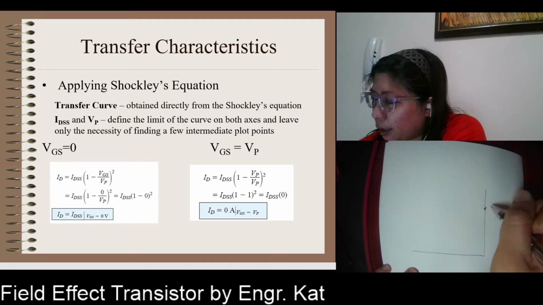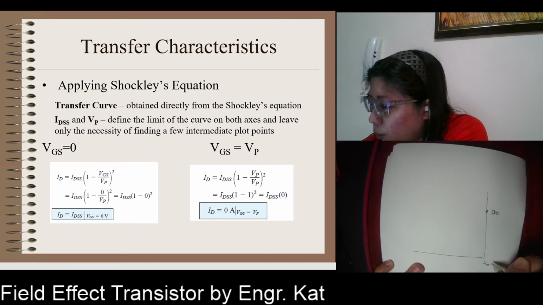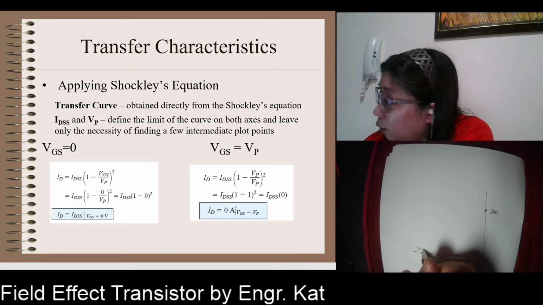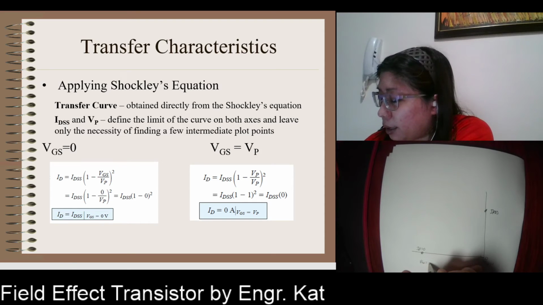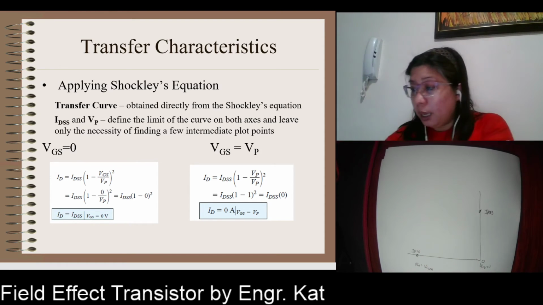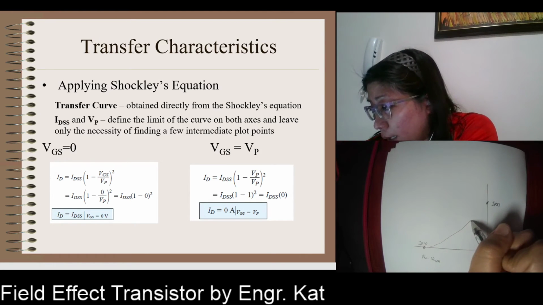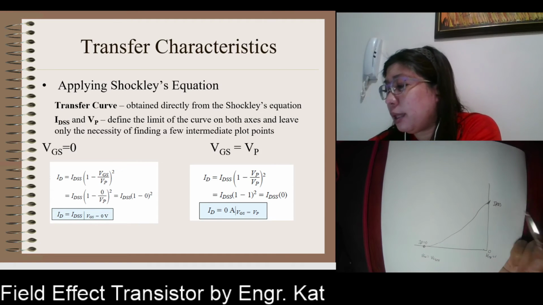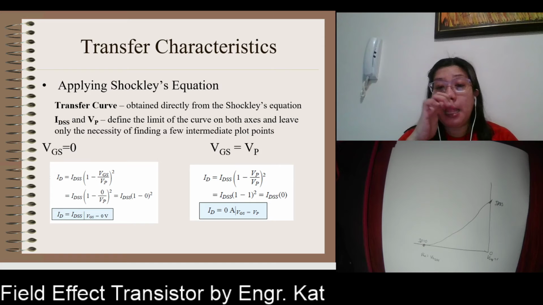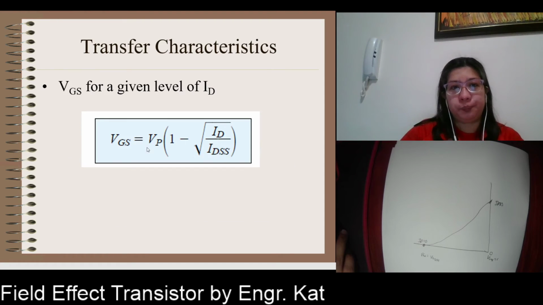The first point is your IDSS when your VGS is equal to 0, and your second point is ID equal to 0 when your VGS is equal to your VGS TH. If you can already draw your curve using this, then it's fine. But if you want a more accurate curve, we can have a few more additional plot points.